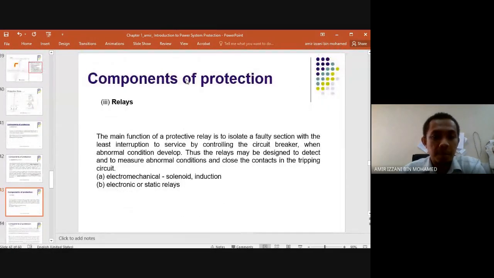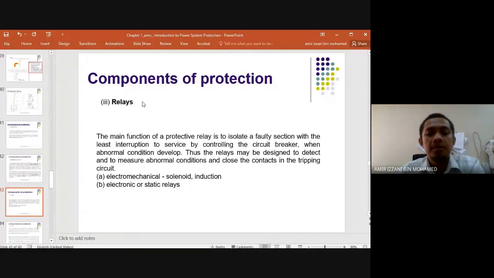Okay, the third one is relay. The main function of the relay is to isolate a faulty section with the least interruption to service by controlling the circuit breaker. So this is the component that will control the circuit breaker.